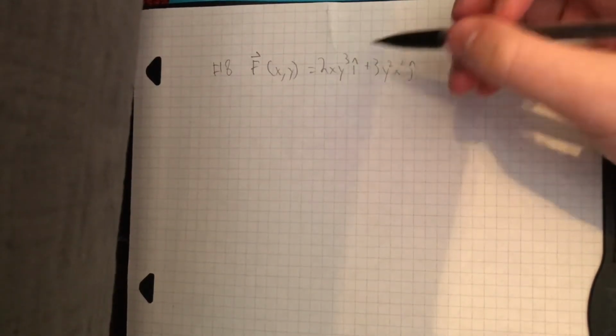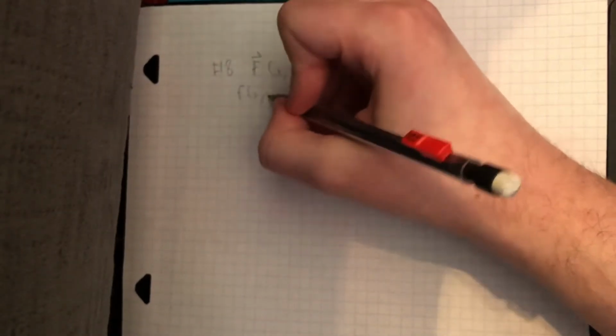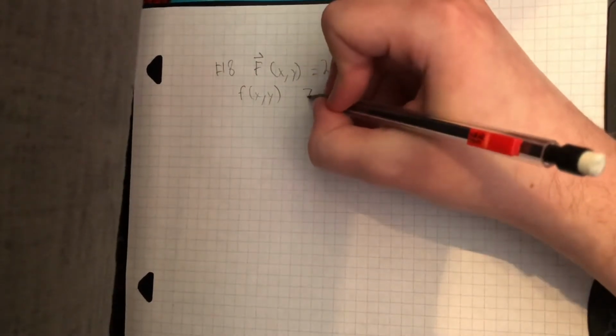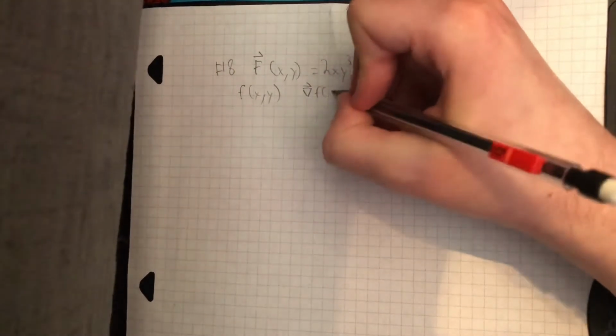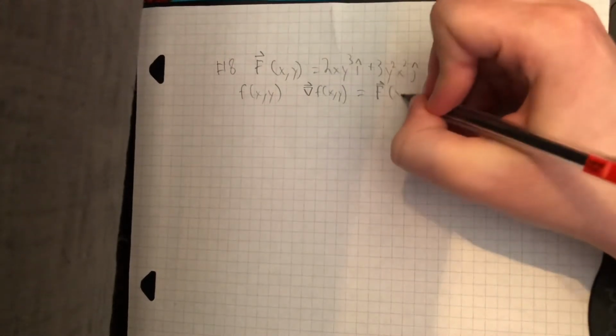So let's start by remembering that if there is a potential function f of x comma y, the gradient of this potential function is going to be equal to this vector field.